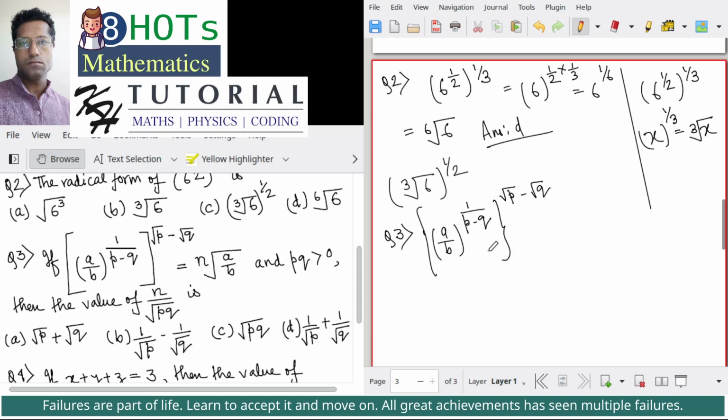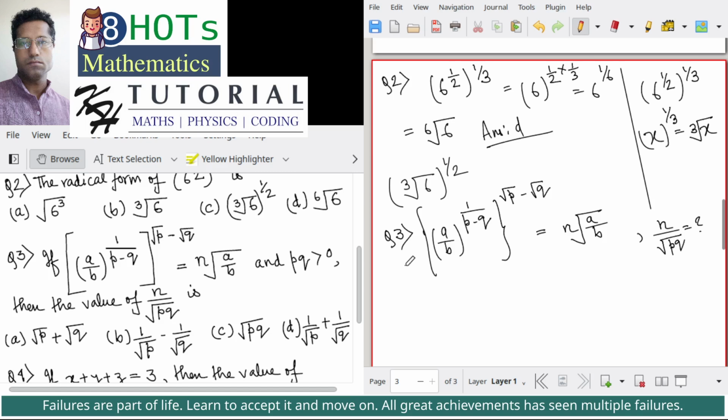This is equal to nth root of a by b. We have to find the value of n by square root of pq, and we can see all the choices are in terms of p and q.